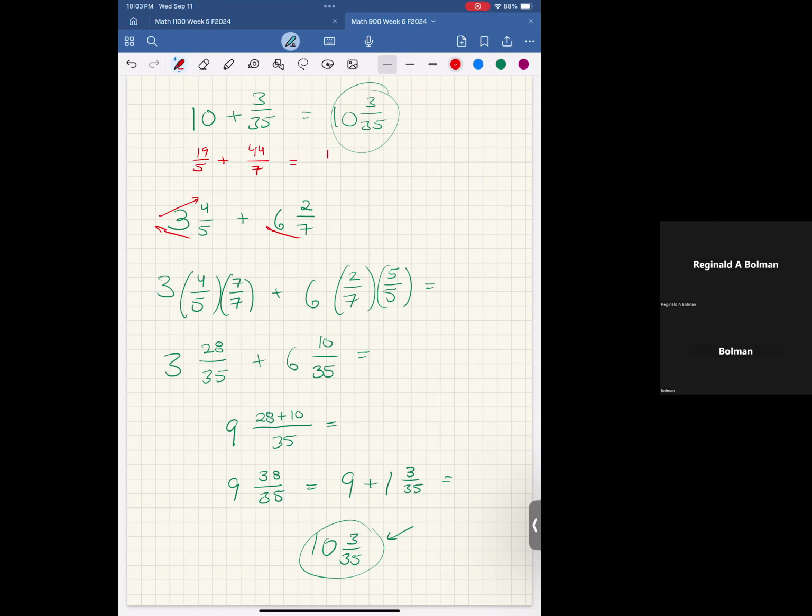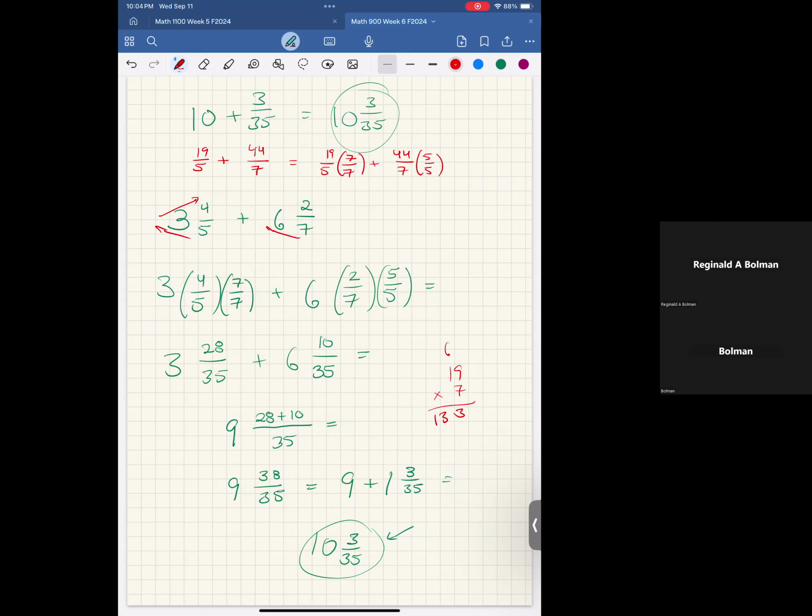Now, even though this looks nasty, we can indeed do multiplication. So you would just have to do the multiplication of the 44/7 with 5/5, and the 19/5 with 7/7. So you'd have to go to the side of your page. 7 times 9 gives you 63, carry the 6. 7 times 1 is 7, plus 6 gives you 13.